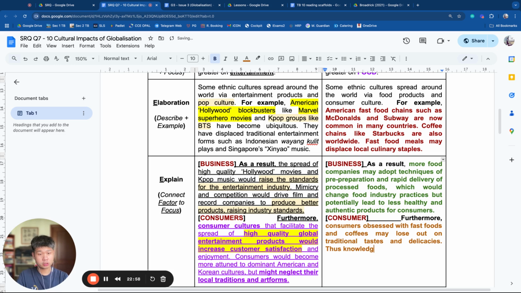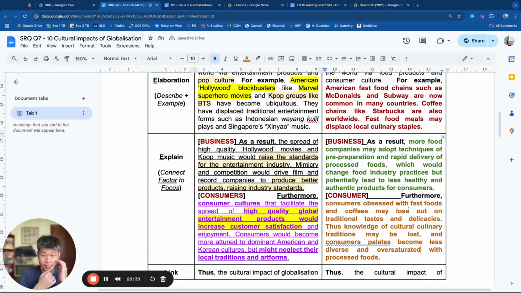Thus, knowledge of cultural culinary traditions may be lost, and consumers' palates become less diverse and oversaturated with processed foods.